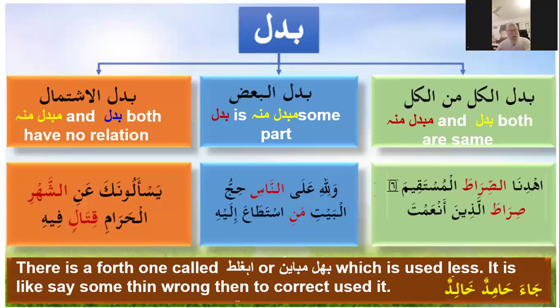Then you corrected it: Khalidun. It means Hamid did not come, Khalid came. So Khalid is the badal, which is repeated, and it is called badle aghlat. When you say ghalat, it means you said wrong things, and then to correct them, you say the right one. So the badal may be badle kul min kul, badle baz, badle ishtimal, or badle aghlat.